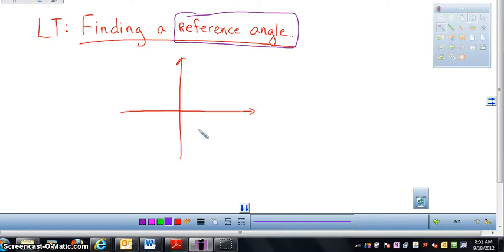So a reference angle, you can have them in all four quadrants. I'm going to just draw one in the second quadrant. This is my reference angle. I just called it theta.